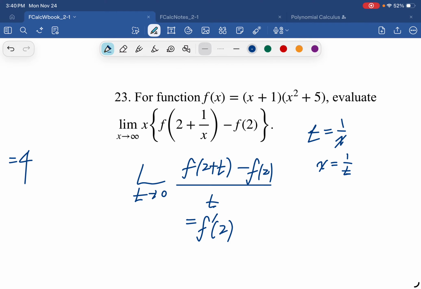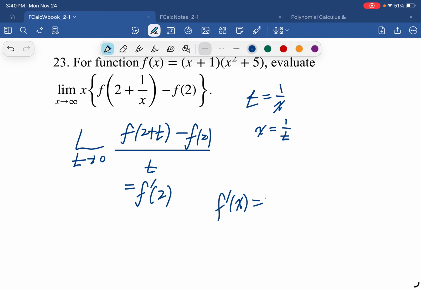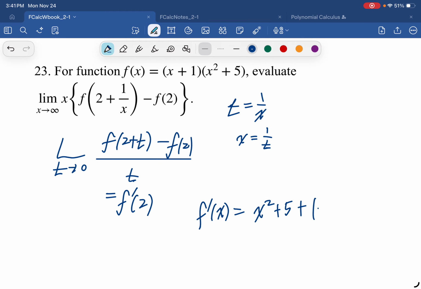So this is just f prime of 2, and taking the derivative of f of x, that's just another product rule exercise, right? So take the derivative of the first one, that's just 1, multiply it by the second one, plus take the derivative of the second one, and then leave the first one alone, like that.